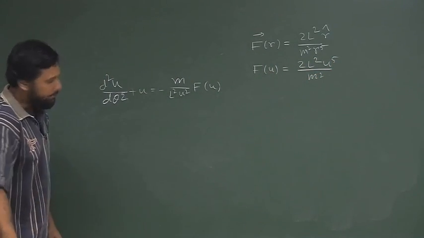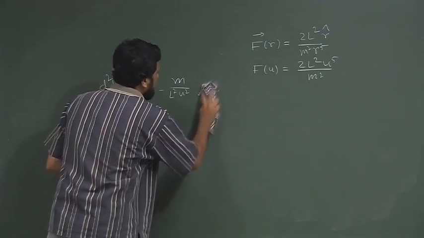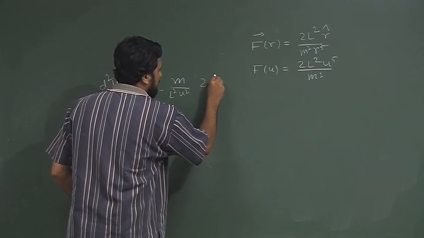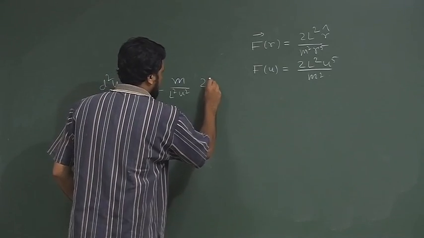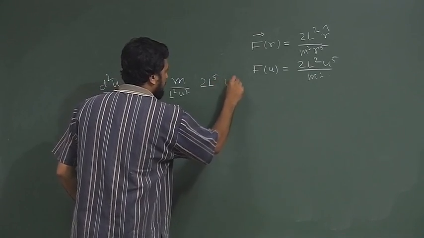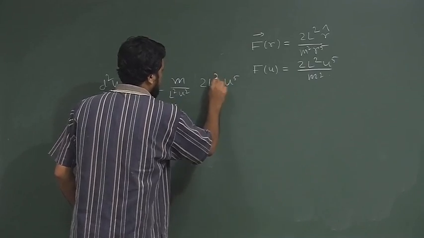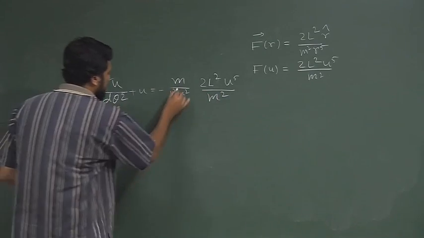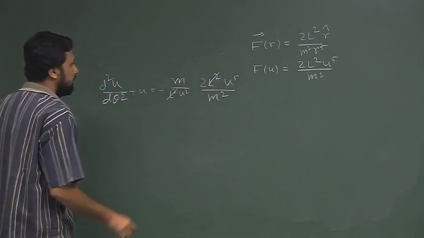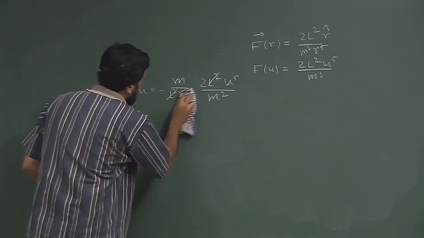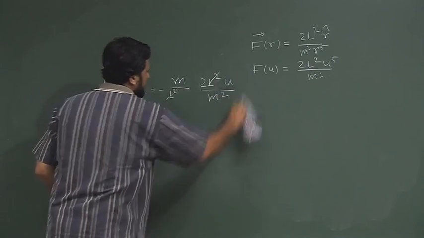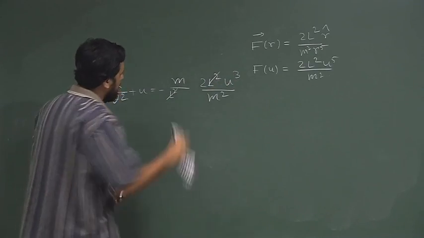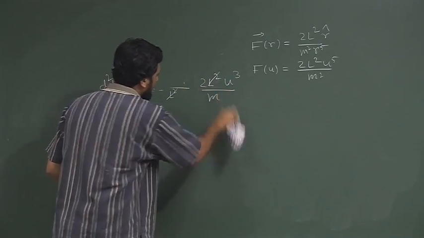When we replace it back here for f of u, we get 2 L square by m square, L square gets cancelled out, u square is here, so we get u cubed and also we can get rid of one m here.